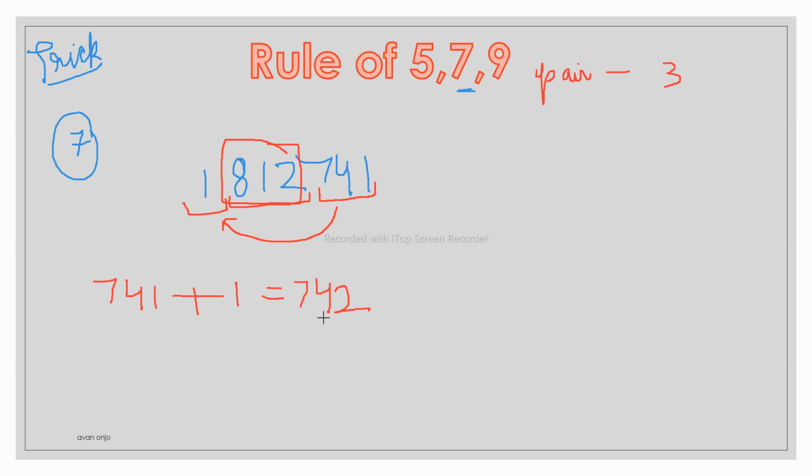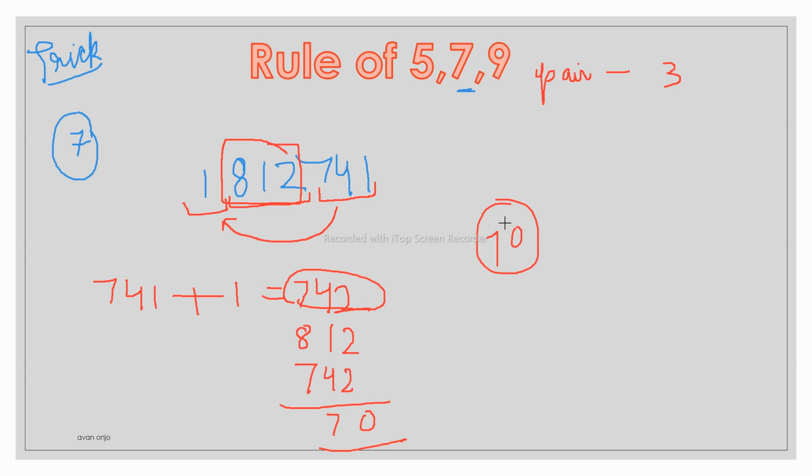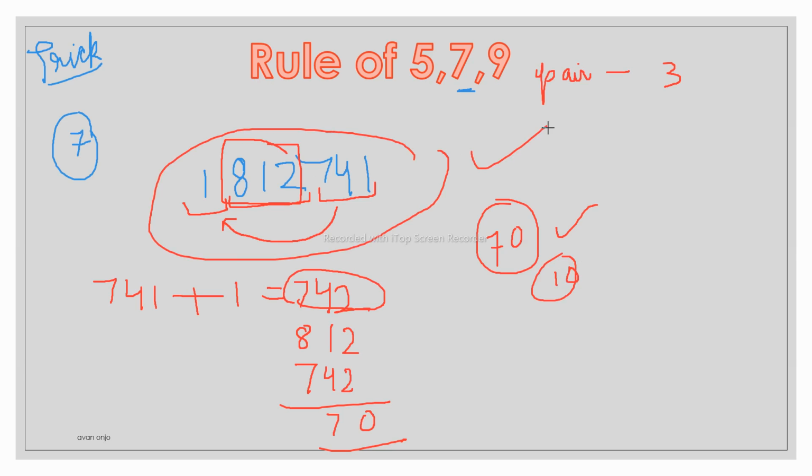So from the answer that you get, you subtract the remaining pair, and I'm going to get 70. Now you have to see whether the remaining number is divisible by 7 or not. 70 is clearly divisible by 7, completely by 10, so you can say that this whole number is actually divisible by 7.